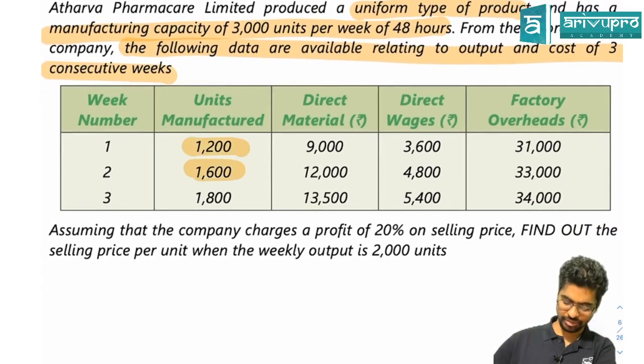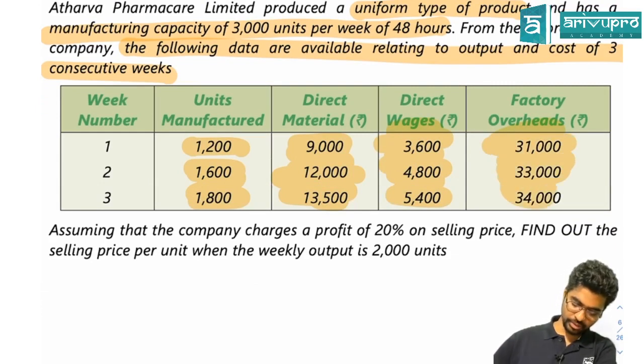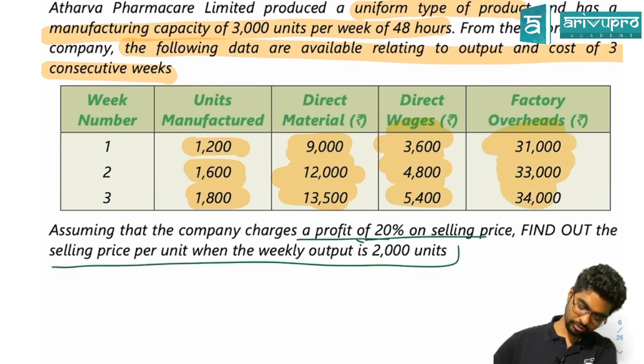How many units they manufactured? What is the direct material cost? What is the direct wages? What is the factory overheads? Assuming that the company charges a profit of 20% of the selling price, find out the selling price per unit when the weekly output is 2000 units.